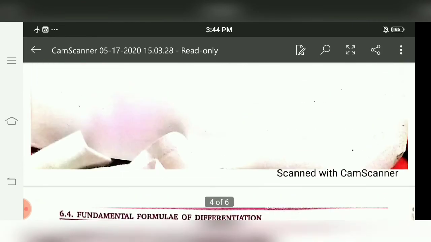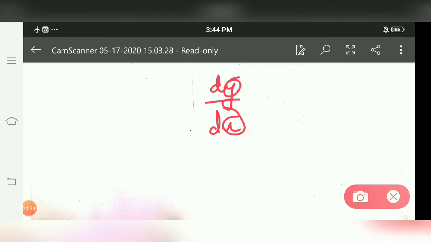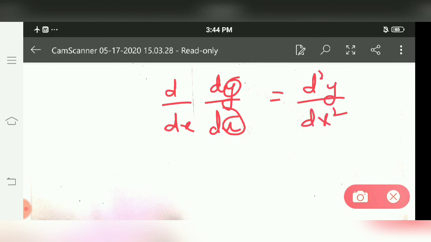But let me tell you one thing, double derivative and triple derivative. This dy by dx is called the single derivative of y with respect to x. If we again take the derivative of this with respect to x, then we can write it as d square y by dx square. This is called the double derivative.